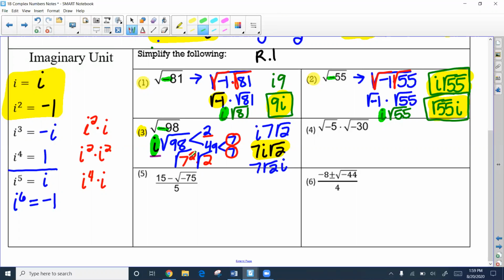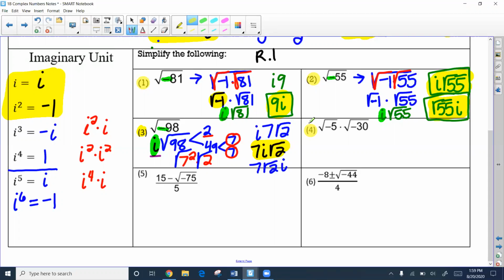Okay, number 4. Write down example 4. Number 4 is the square root of -5 times the square root of -30. We are going to have to use some of our rules for radicals here, specifically that I'm multiplying.